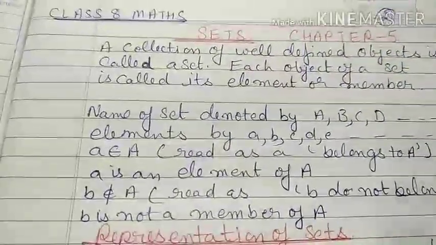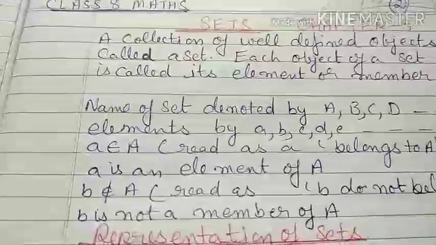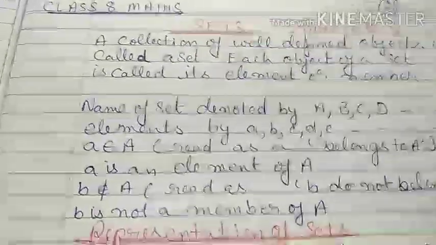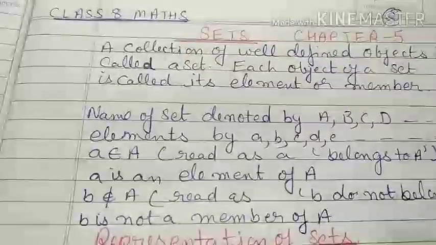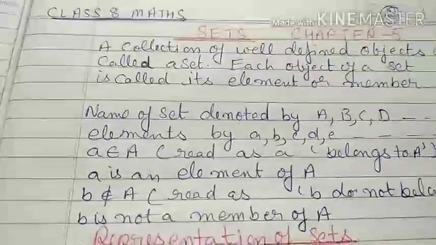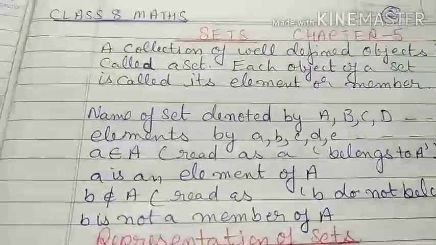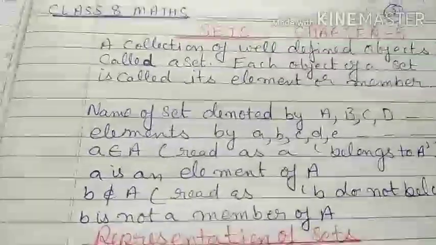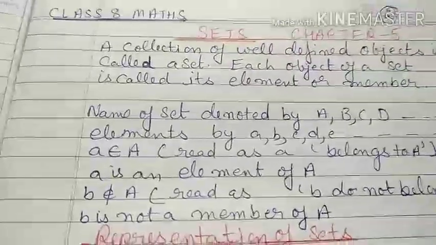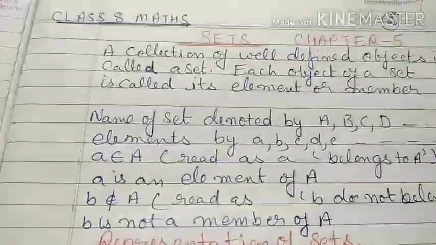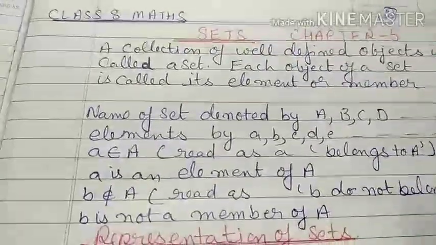Suppose you are arranging all the math contents in one cabinet. Each content is called an element of that math set. So your set name becomes that maths cabinet, and each content you put inside is considered an element of that cabinet.